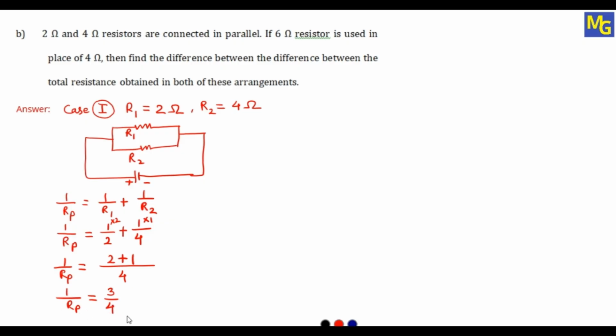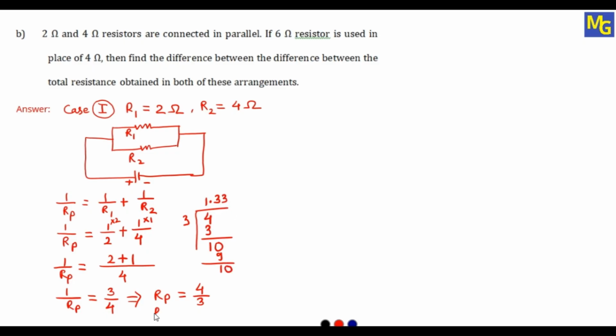We want only Rp, and therefore Rp is equals to, it will be reversed, 4 by 3. If you divide 4 by 3, 3 1s are 3, so it will be 1, take 0, the decimal, 3 3s are 9, and again 1, again 0, and this will continue.